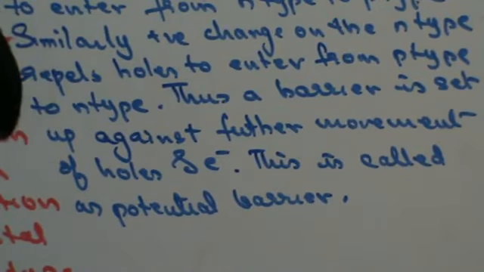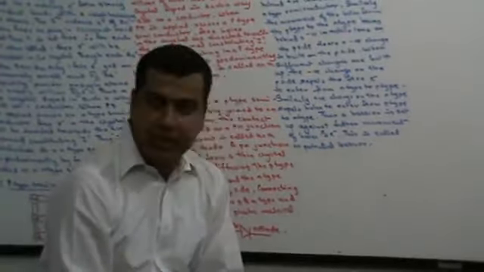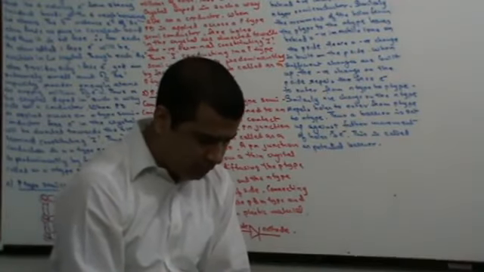It should be noted that outside the barrier, on both sides of the junction, the material is still neutral.